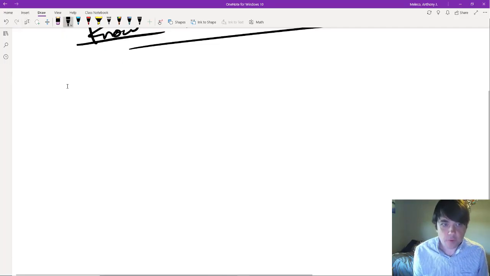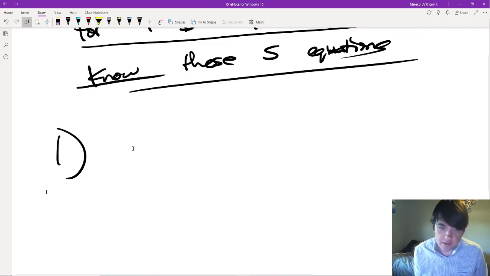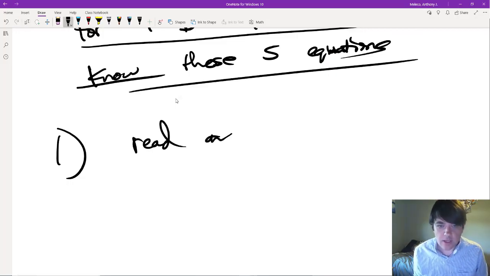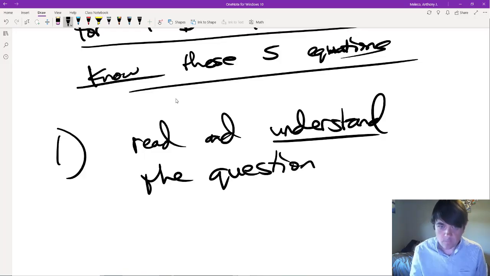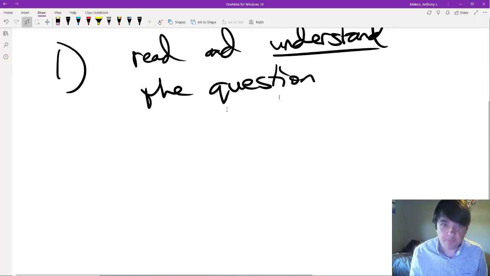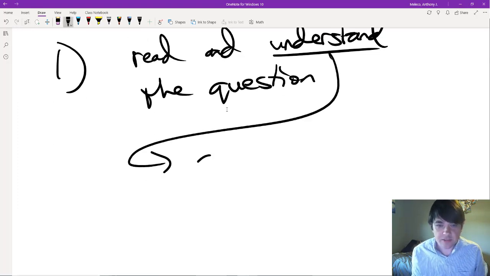But the very first technical tip is that you need to read and understand, this is the big one, understand the question, okay? So you need to read it in its entirety and then understand it. With understanding it, sometimes comes drawing it.